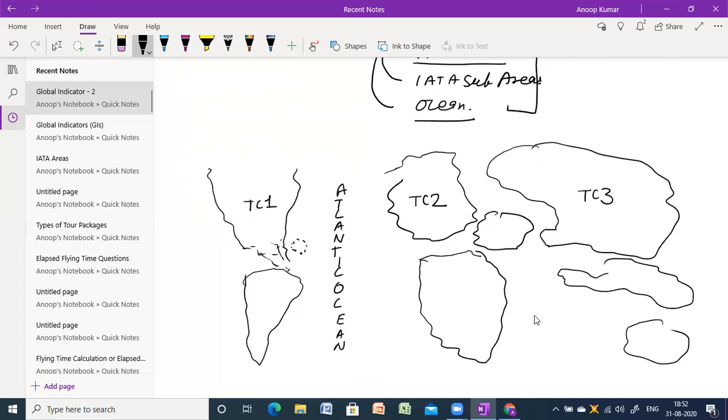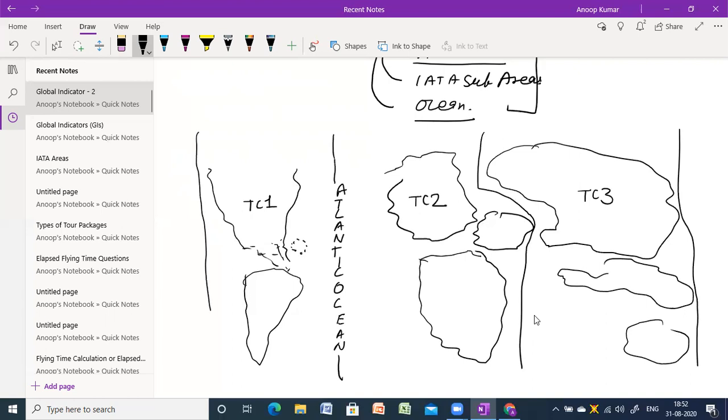So this is TC1. The Atlantic Ocean divides TC1 and TC2. Then we have TC2, and the third one is TC3. And here is the Pacific Ocean, and this side also is the Pacific Ocean.